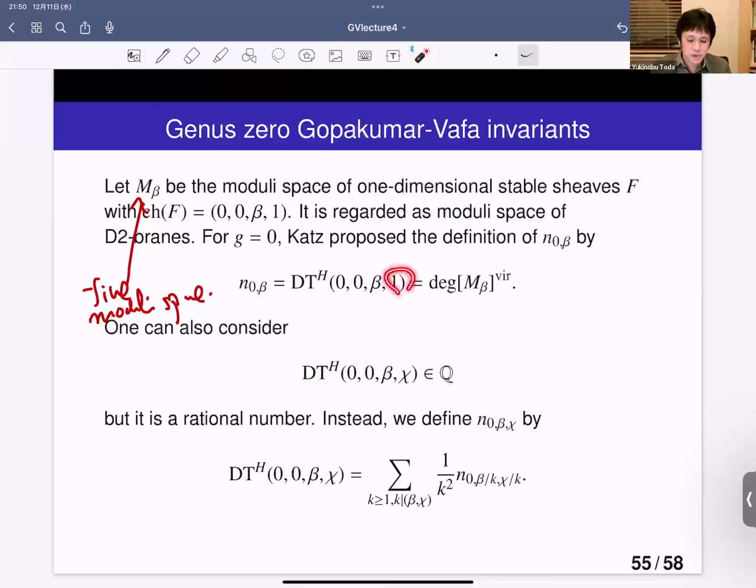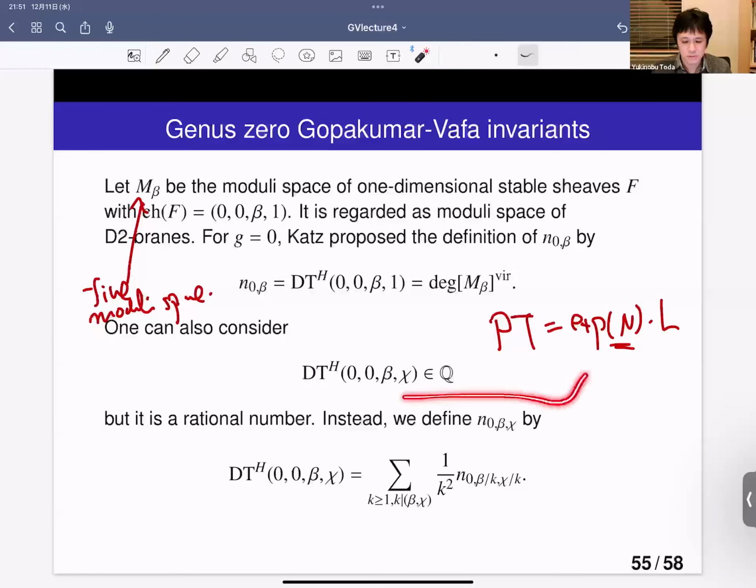So then instead of this one, we can also define the generalized DT invariant, where this is chi. Let's recall that this also appeared in my paper about this: PT equals exponential of n and L. This part is the generalized DT invariant part. And this is why I said that this corresponds to the genus zero tail part.